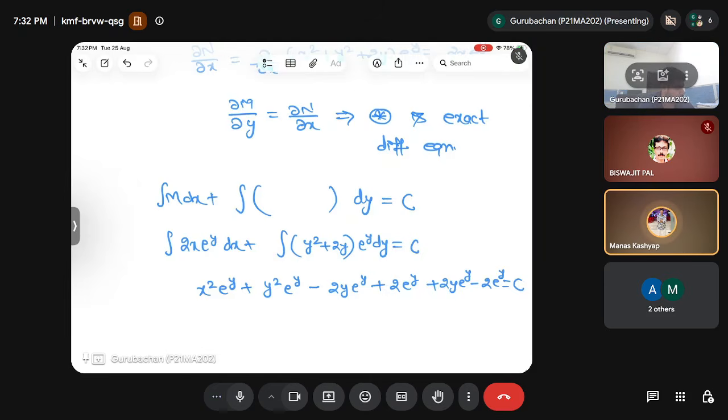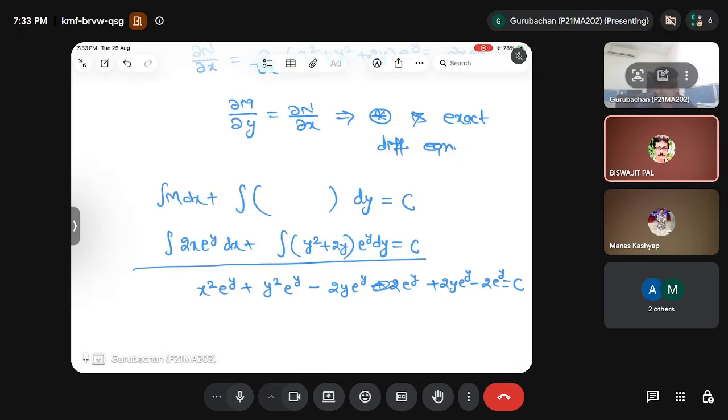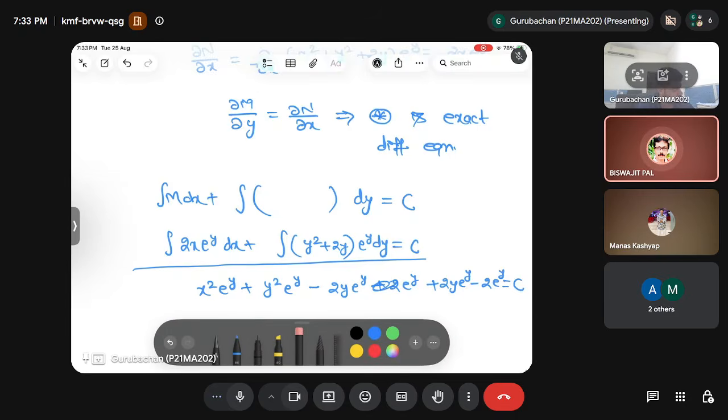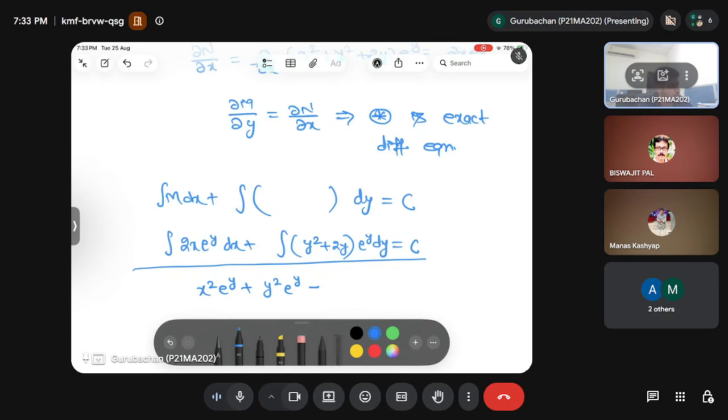Let me see the question once again. See, this is what I wrote here. Sir, e to the power y into x square plus y square equal to constant. Just a second. We don't need to integrate fully.